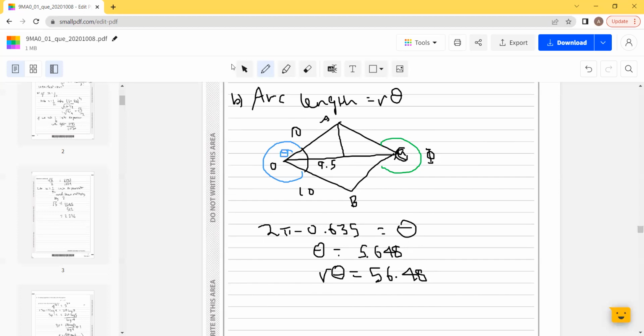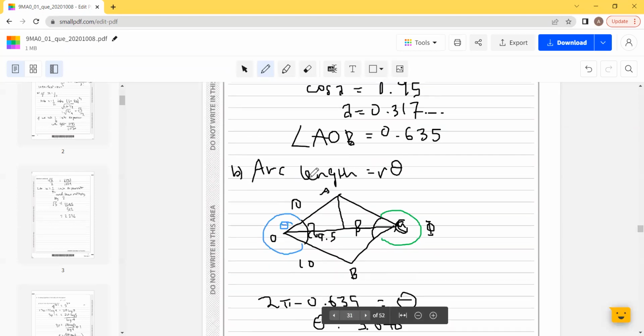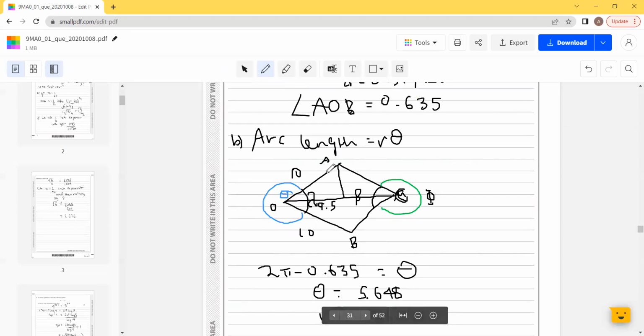So now I'm going to figure out what this angle is. This was alpha, and I'm going to call this beta. We know that this length over here is 15 because it's from O to C, C being the center. OC is 15. And O to M is 9.5.